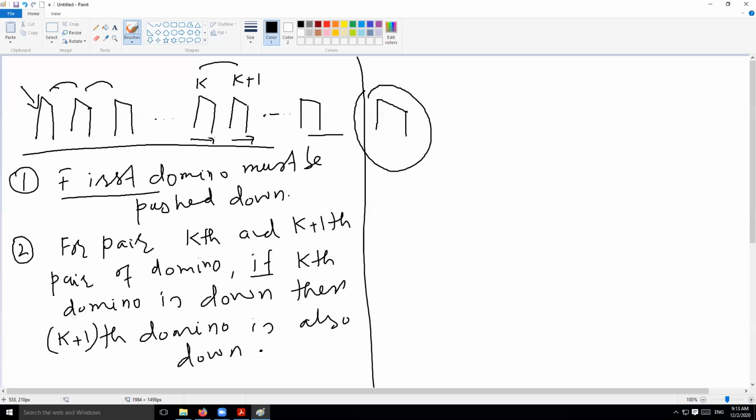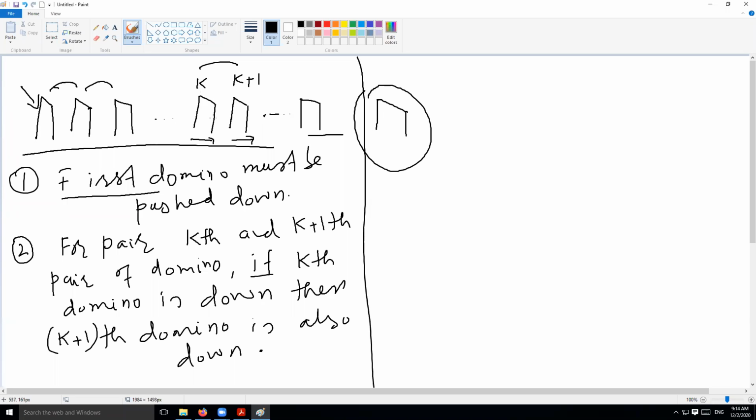So this is going to make sure that all of the dominoes are down. So if I can show that the first domino is down, in other words, the process has been initiated, and then I prove that for every pair, if the first domino is down, then the next domino is also down.